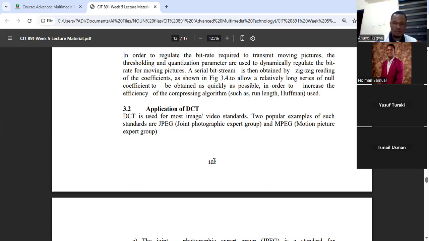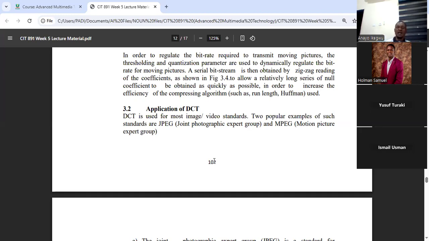Note this, sometimes it appears in the exam. Video standard or image standard: JPEG means Joint Photographic Experts Group, and MPEG, Motion Picture Experts Group.